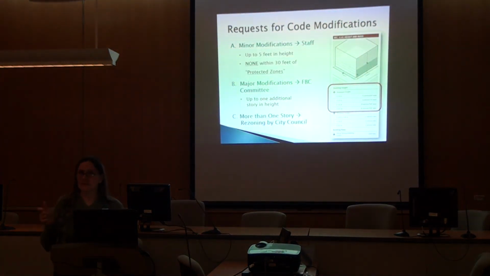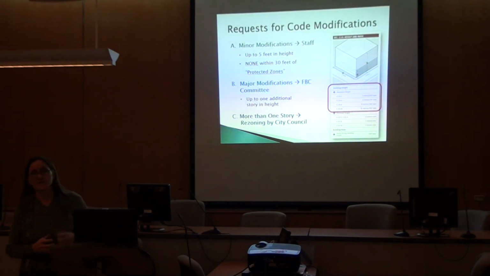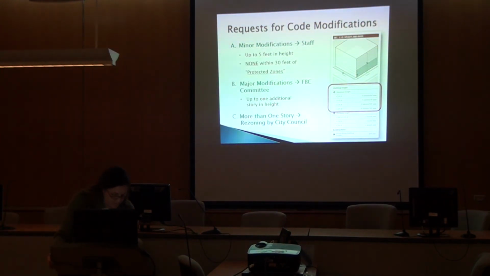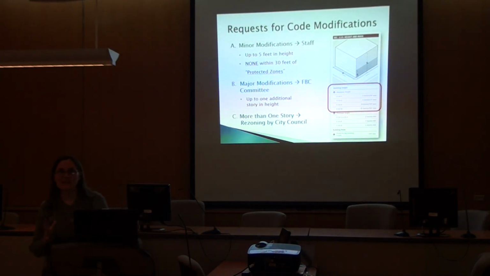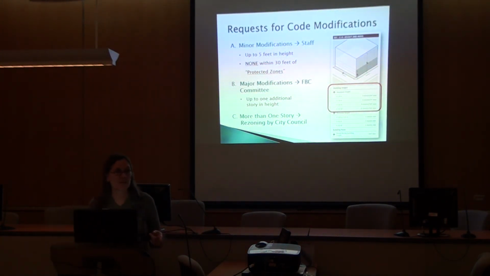This gets a little bit into the process, into the administration of this code, but I want to touch on it because it does deal with building height. Once this code is adopted, it will be administered by the city staff. If, say, you own a piece of property, you want to build a new building, and it doesn't quite meet the standards in this new code, there's a process for you to apply for an exception.